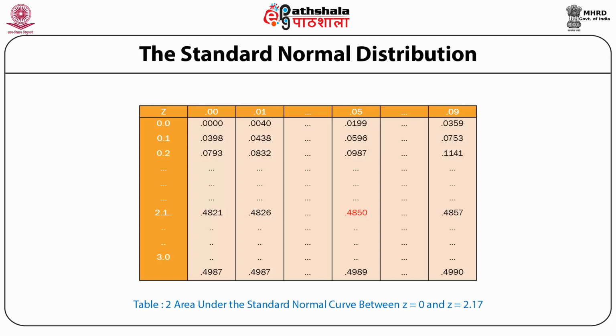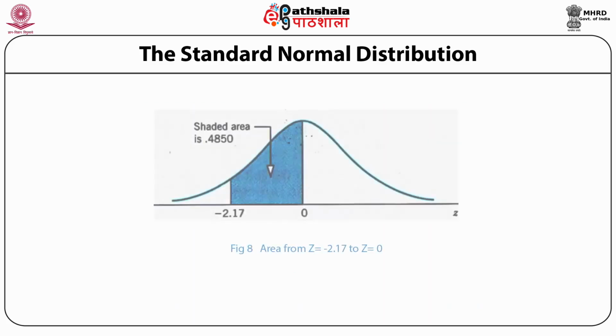Again, we are dividing 2.17 into two parts, 2.1 and 0.07. So the relevant portion of table A is reproduced below as shown in table 2. You can see that this is 0.4850.